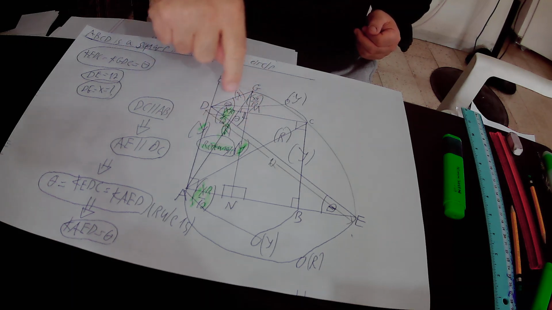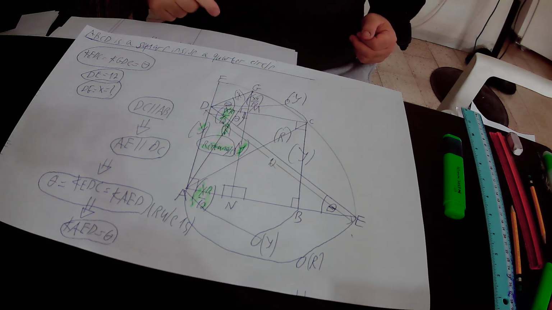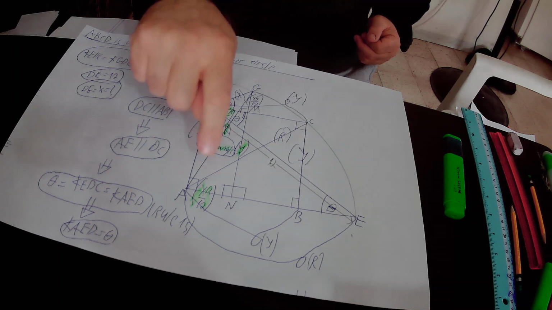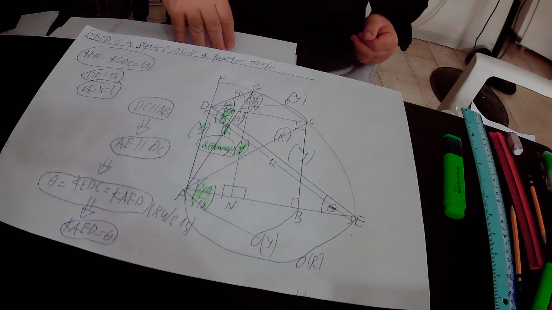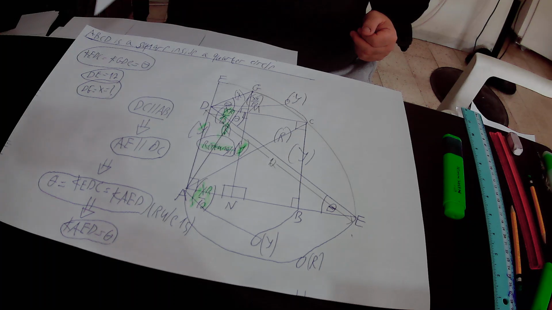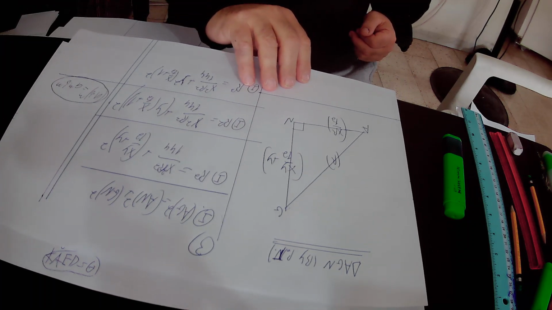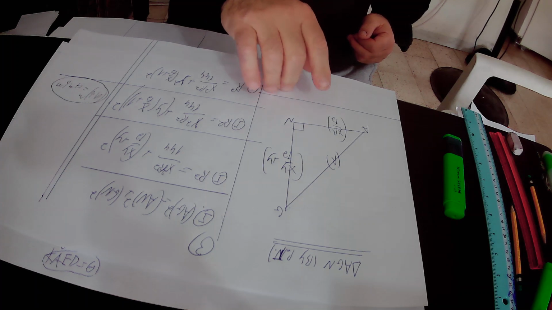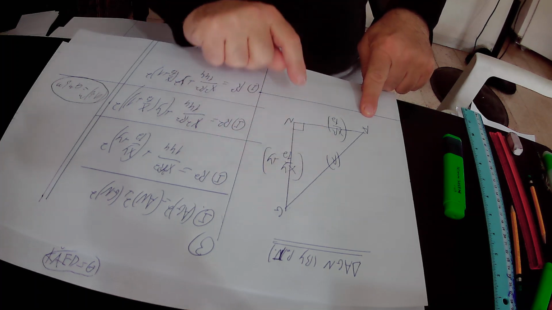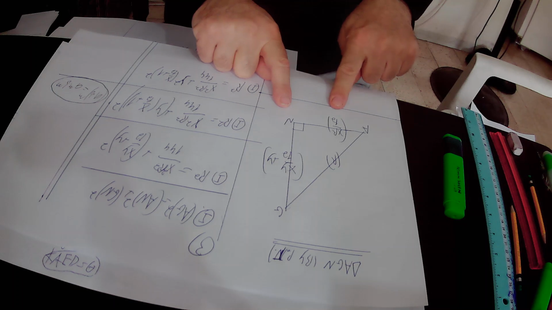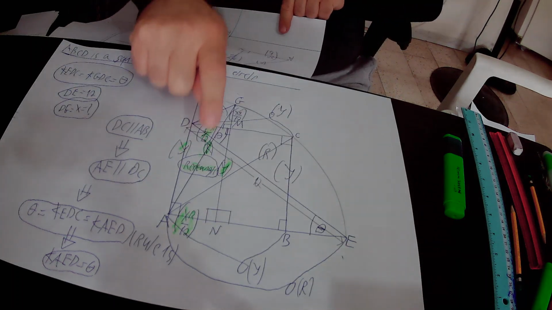In the next step, I copy this right triangle AGN to a new page, and we apply the Pythagorean theorem in this right triangle AGN. This is right triangle AGN from the original diagram. We just found that the hypotenuse AG equals R. We already found that AN equals XR over 12.